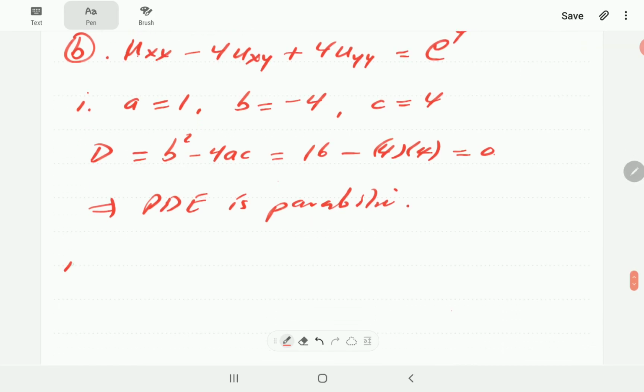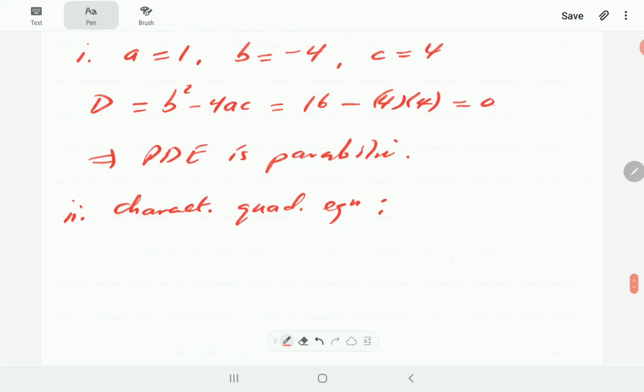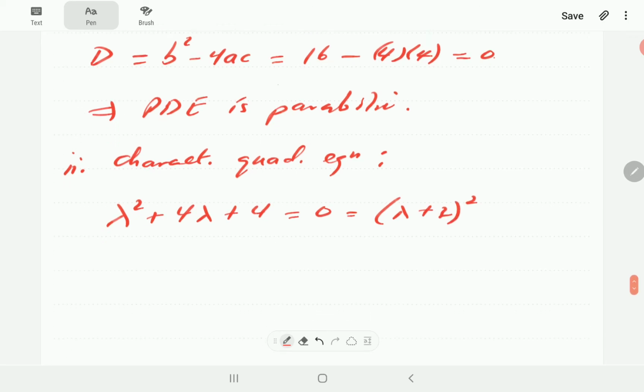Then in part 2, the characteristic quadratic equation is going to be lambda squared plus 4 lambda plus 4 equal to 0. It's going to be lambda plus 2 all squared.